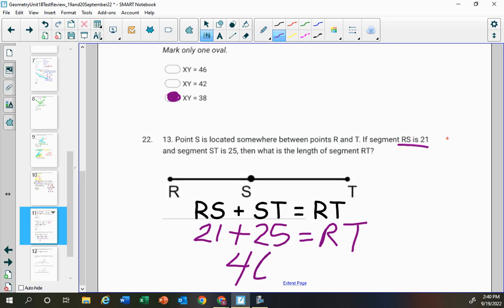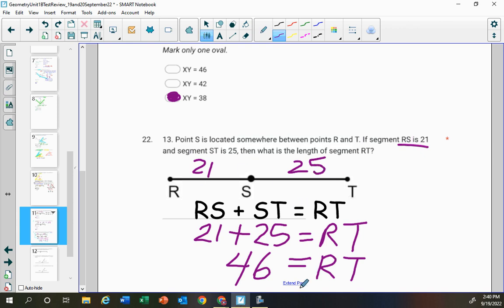That's RT. But you have to be careful because of the next problem. You were given 21 and 25 here. Just add them up, you're done.